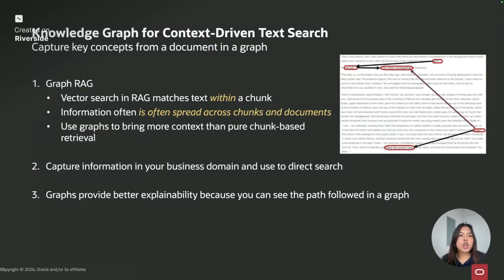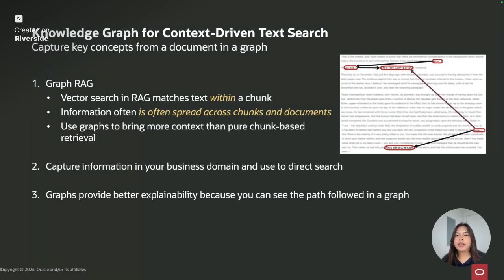But basically, graph RAG involves vector search, and this helps us match text within a chunk, right? And then the information is often spread around multiple chunks, right? As you can see in here, we have an example where we have a document. And from that document, we create a graph. Why? Because the difficulty comes from the chunks being spread across multiple places in a document, right?